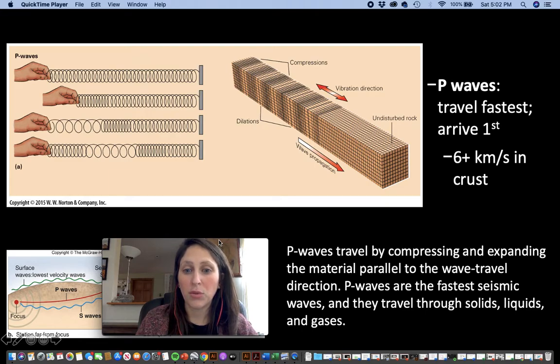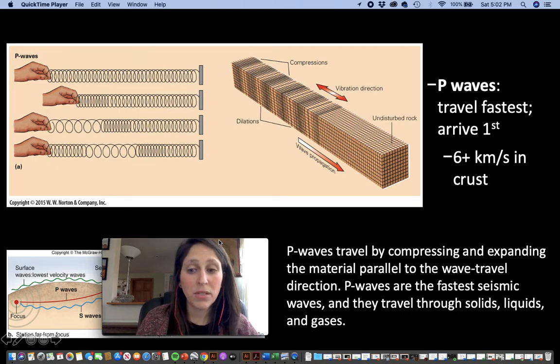So the first type of seismic waves that an earthquake produces are called P waves. This type of seismic energy travels through all types of materials, so solids, liquids, gases. Remember that the Earth is not just one solid block of rock. It's mostly solid, but there's also groundwater.